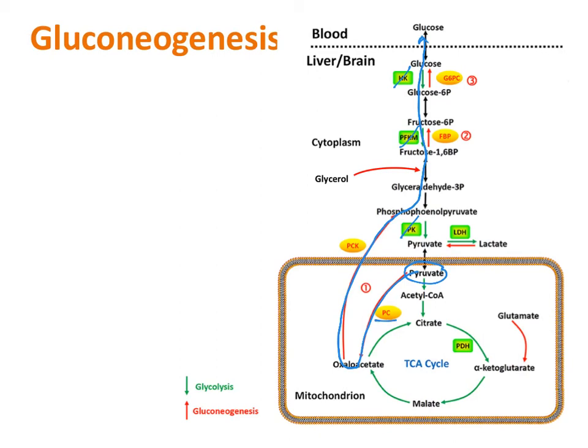We've used pyruvate carboxylase, PEP carboxykinase, fructose 1,6-bisphosphatase, and glucose 6-phosphatase. Similar to those unique enzymes in glycolysis, these 4 important enzymes are often heavily regulated by the cell in order to determine whether gluconeogenesis is moving forward quickly or slowly.